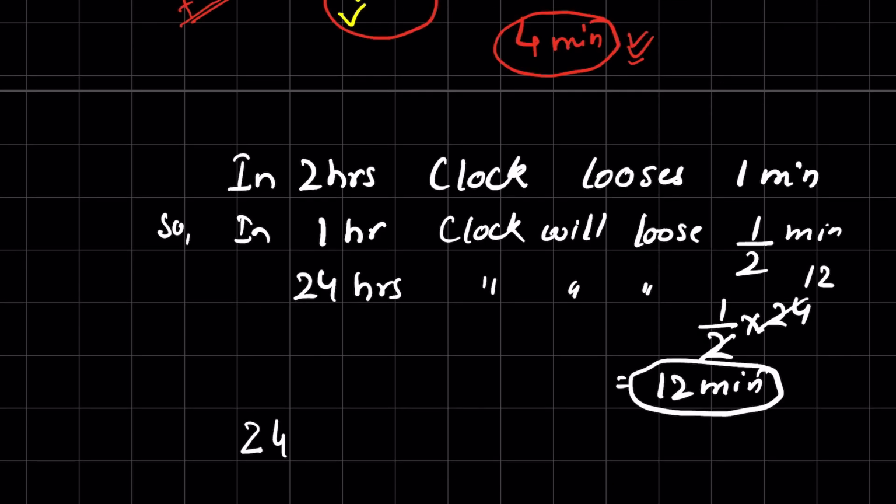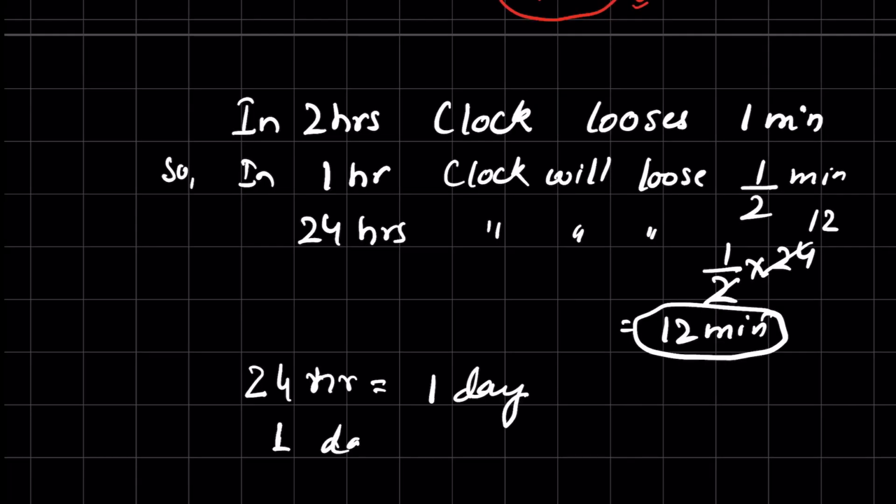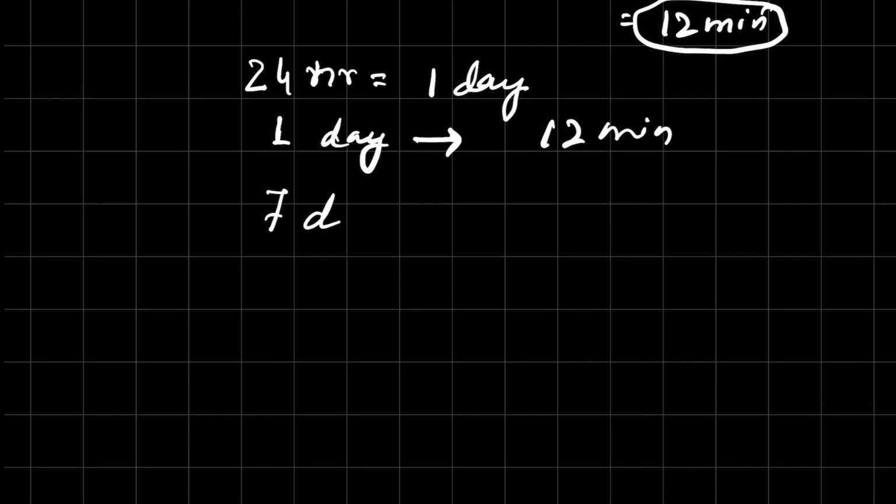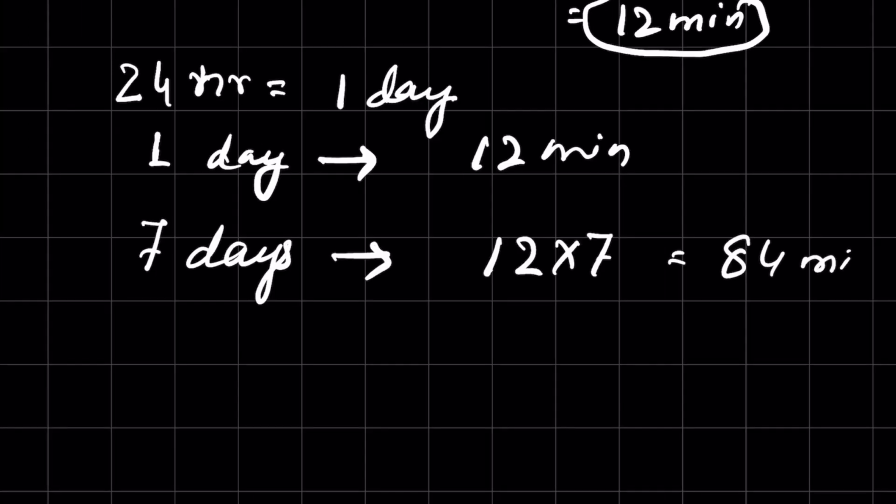And this 24 hours means 1 day. That means in 1 day, the clock is losing 12 minutes. You can calculate how much the clock is losing in 7 days. So in 7 days, the clock is losing 12 times 7, which is equal to 84 minutes.